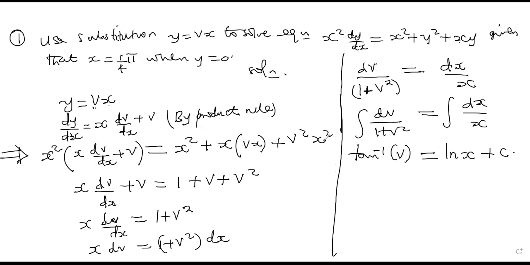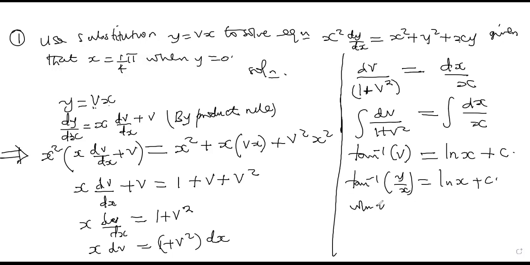But v here, we don't need v anywhere. v is the same as y over x. So it means that here we shall have tan inverse of y over x is equal to ln x plus a constant of integration. Substitute. They say that when y is 0, x is a quarter pi.